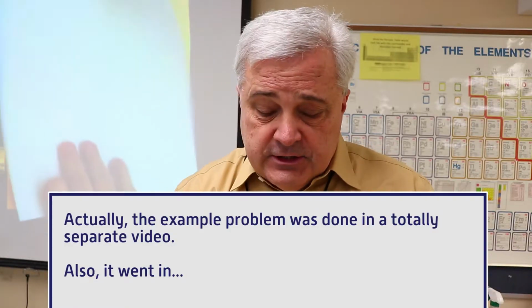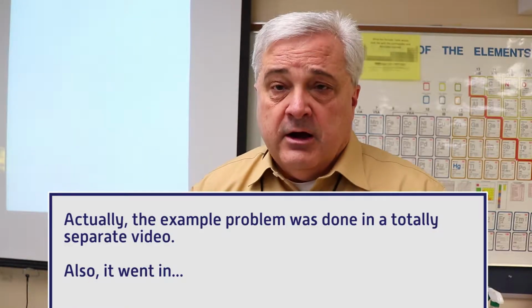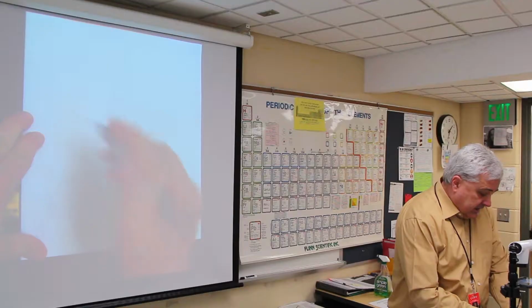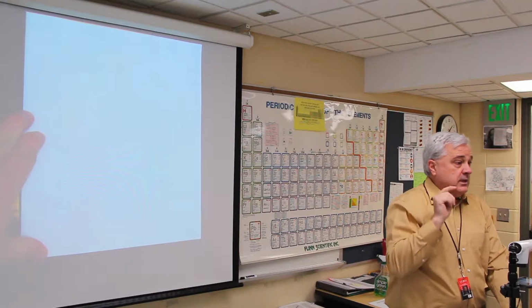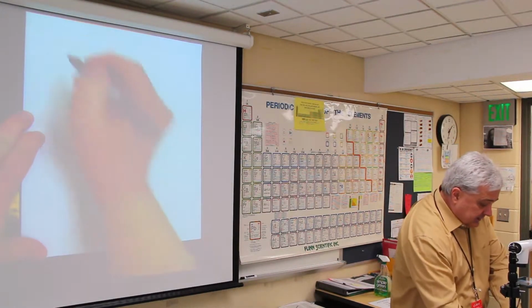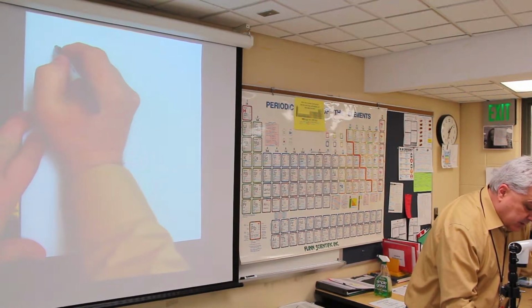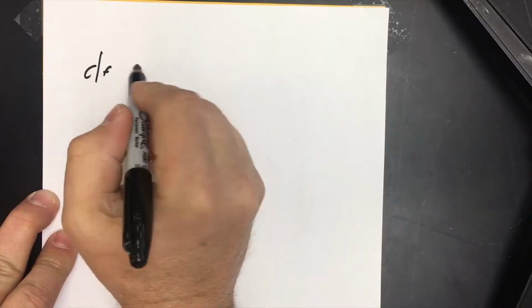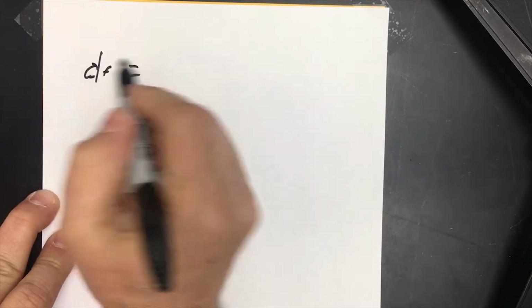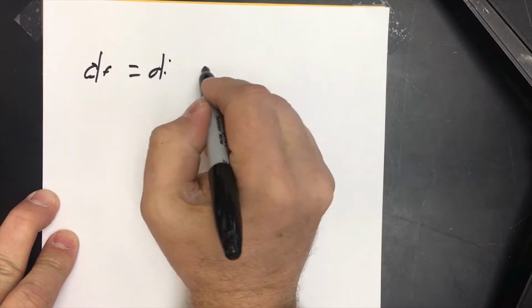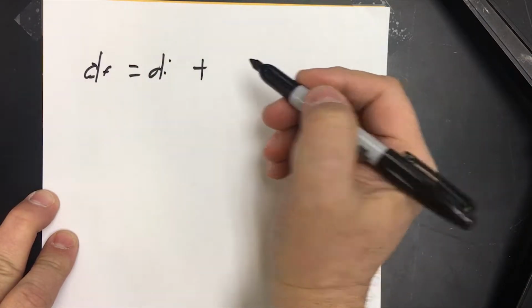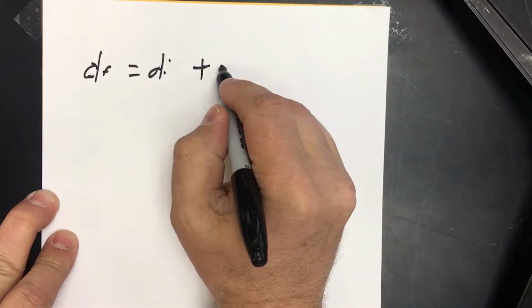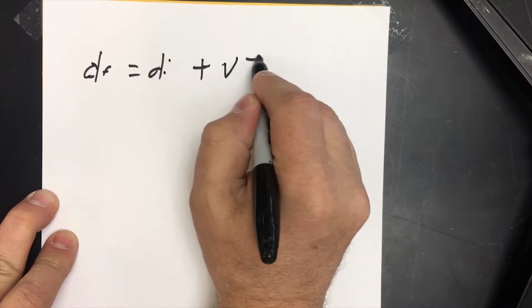So here's the algebra that we need to go through in order to get to the final displacement in the case where acceleration is present. The algebra begins with final distance equals, that's a terrible d, d sub i plus the average velocity times time.